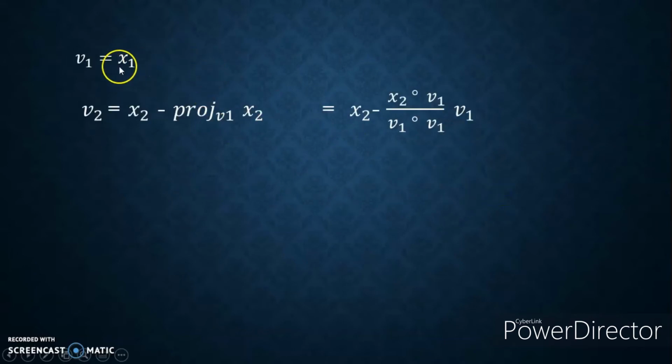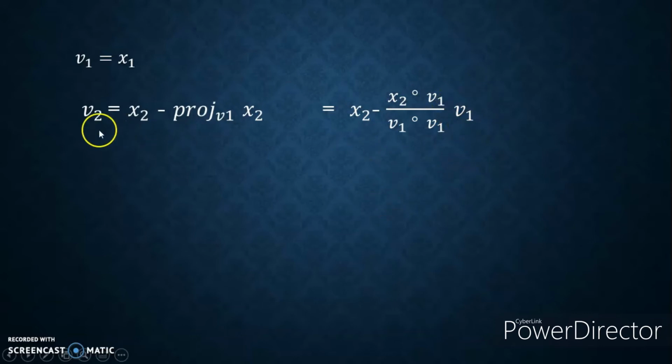V sub 1 is equal to x sub 1. Why do we equate this? Because our x sub 1 will be our main vector, or our reference vector. Vector 2 is equal to x sub 2 minus the projection of x sub 2 onto v sub 1, which is the quotient of the dot product of x sub 2 and v sub 1 over the dot product of v sub 1 and v sub 1, multiplied by v sub 1.